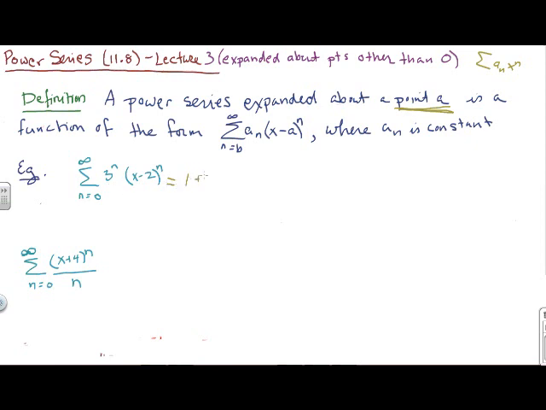When n equals 2, I get 9 times (x minus 2) squared. And let's go one more out. When n equals 3, 3 cubed is 27 times (x minus 2) cubed. And so on down the road.